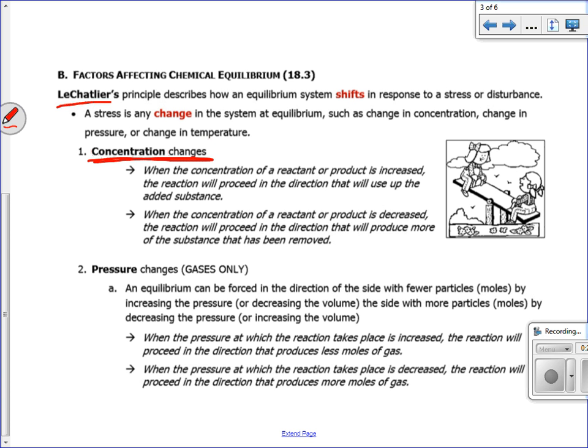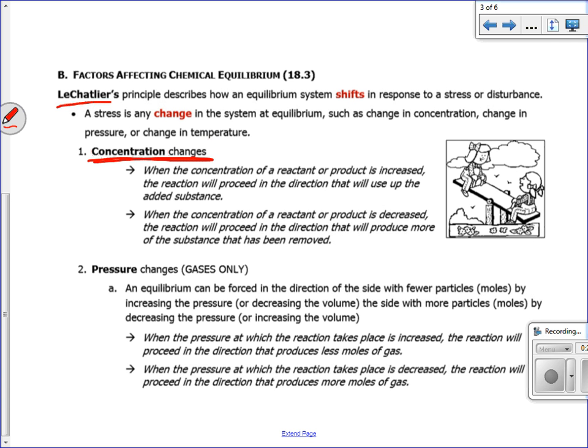I do something that changes the equilibrium. So what the reaction does when you do something like that is it tries to reestablish the equilibrium, and it has to shift in order to reestablish what it once had. So you stress the system some way, shape, or form, it's going to go back and try to reestablish equilibrium.